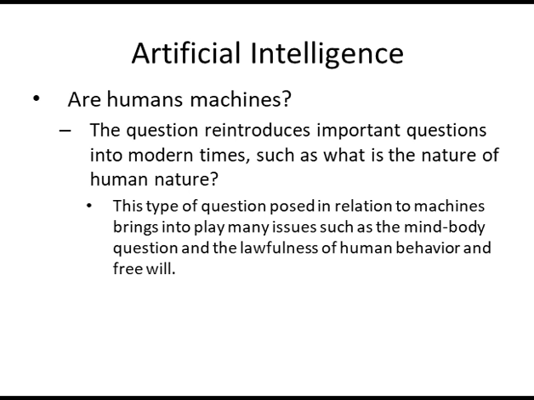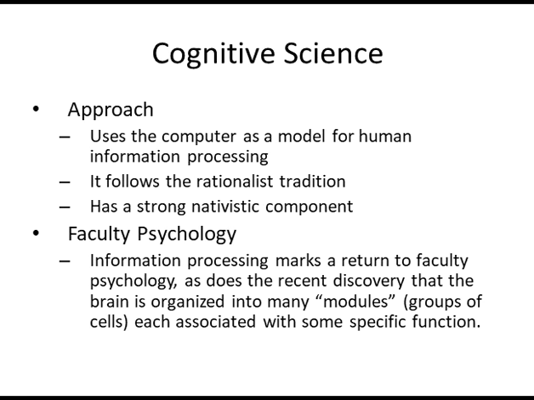And then, as information theory came up and computers came into play, the question became: can we program artificial intelligence into a non-human entity? So now this sets the stage for this new science, cognitive science. And cognitive science uses an approach. It uses the computer as a model for human information processing.